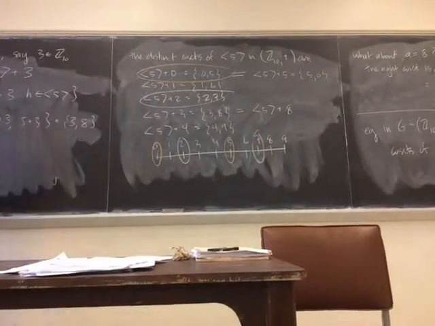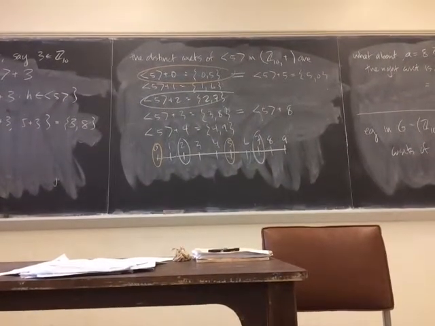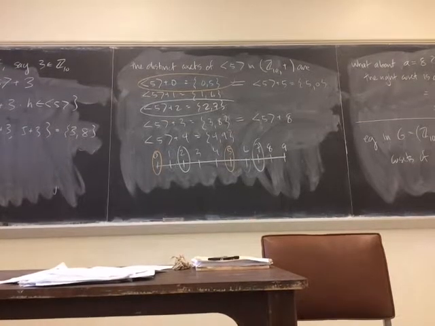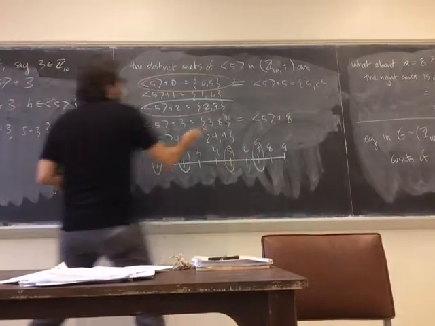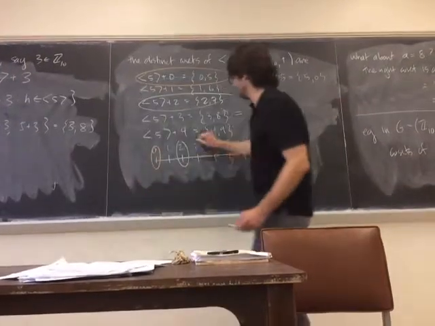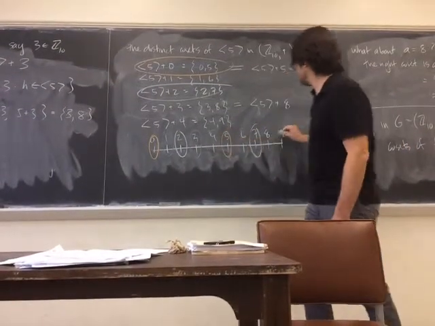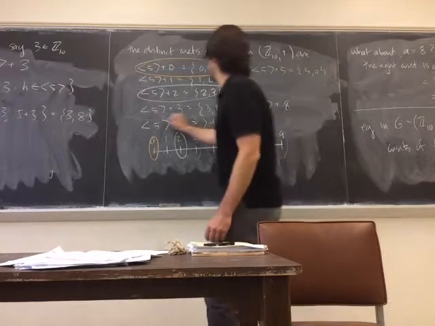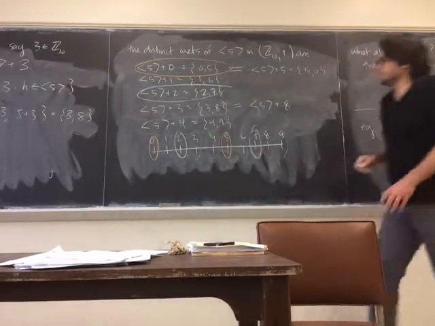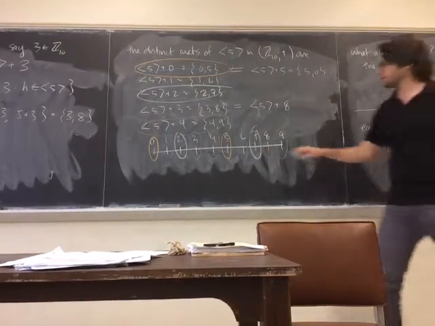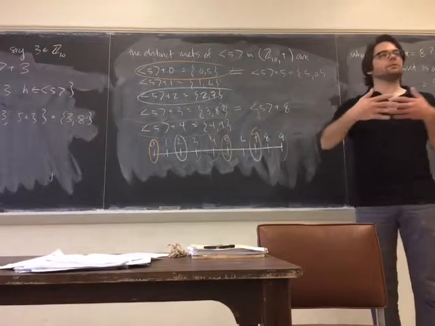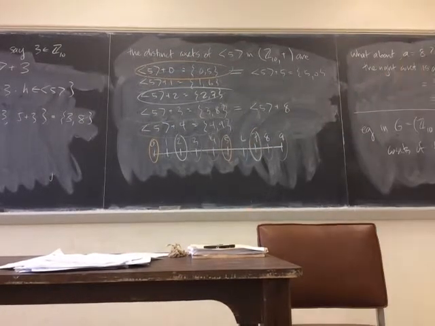And then need 2 more colors. Got 2 more colors. So this one here is, of course, 3 and 8. And then the last one is this guy here. Gives me the chills a little bit, so I'm not going to use that color. But you see what's happening is it's partitioned the group into cosets.